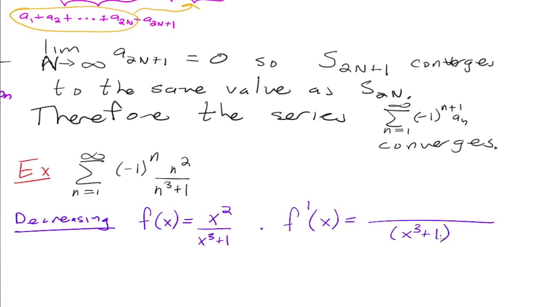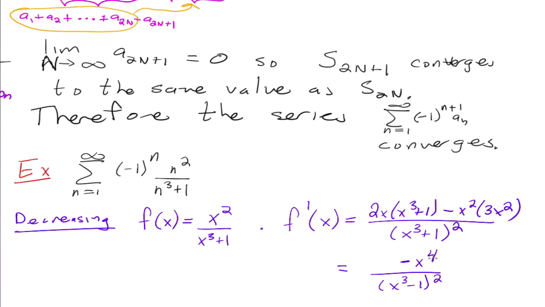So the denominator I have x cubed plus 1 squared, and on the numerator I'm going to have 2x times x cubed plus 1, minus x squared times 3x squared. Right? Quotient rule? So if I simplify this, on top I have 2x to the 4th minus 3x to the 4th. So that's going to equal negative x to the 4th. You guys agree?